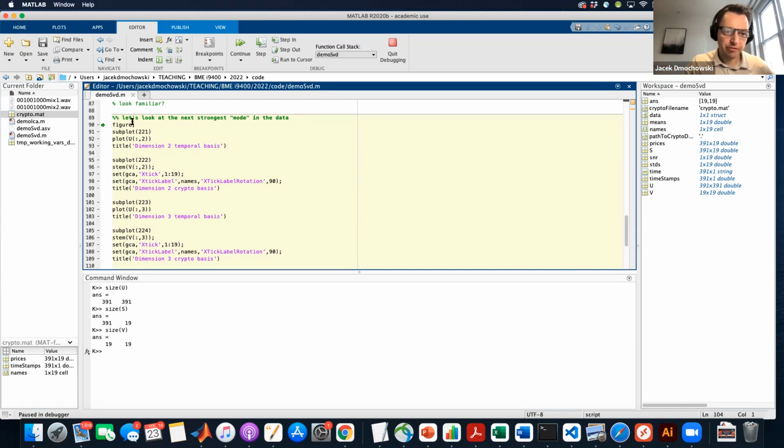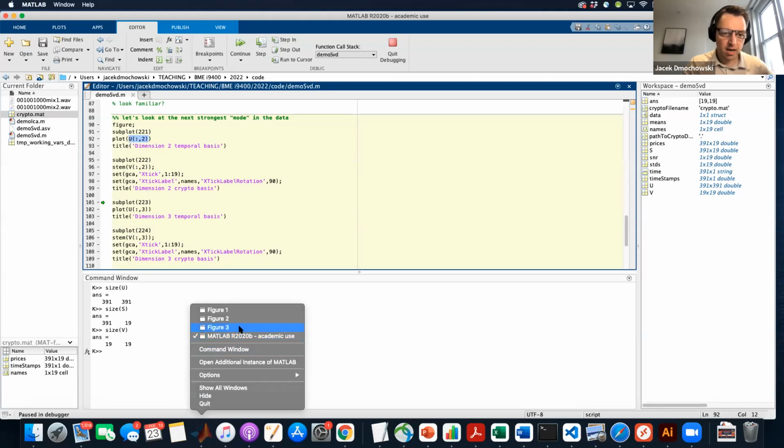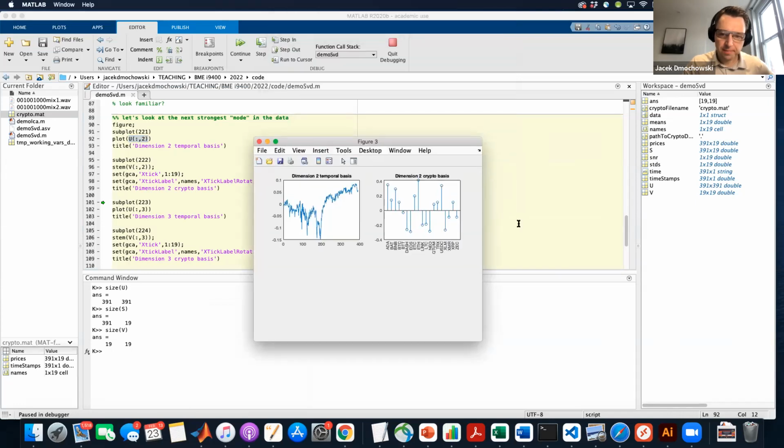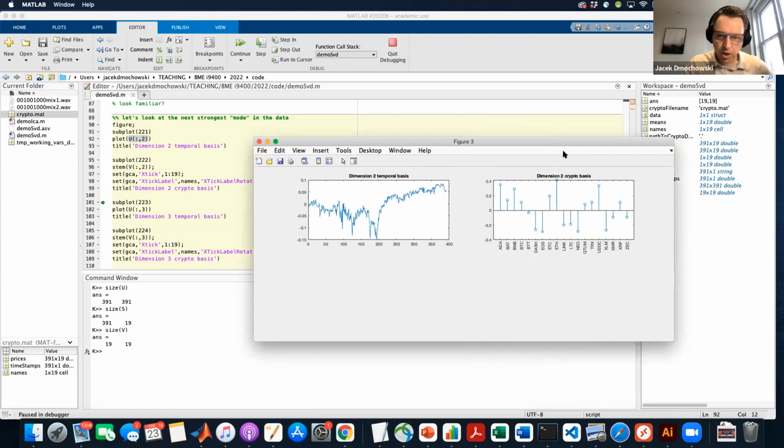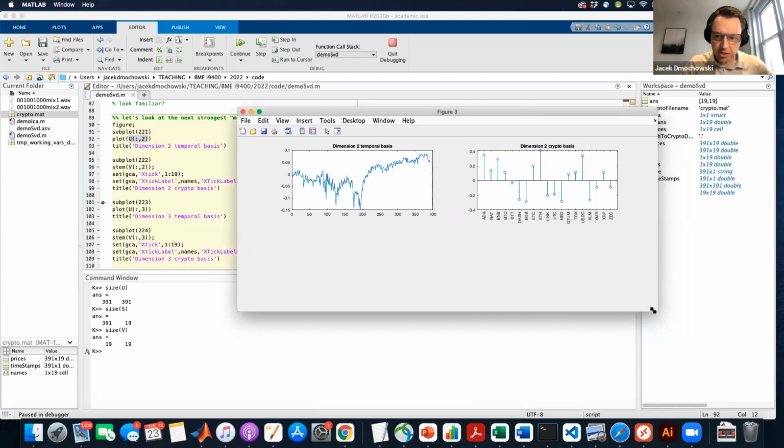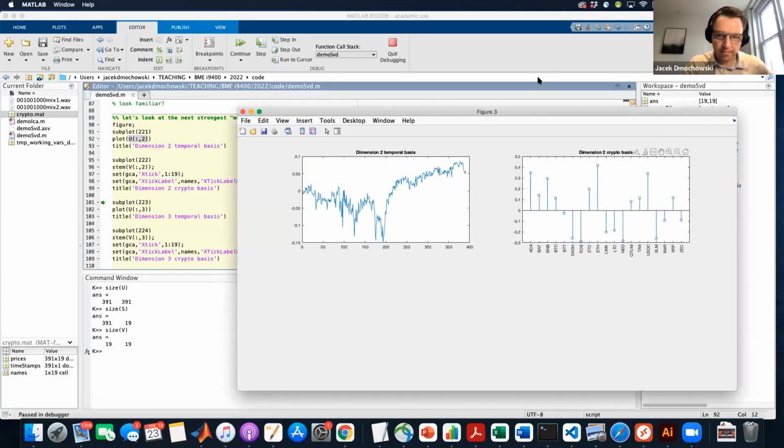So now we're going to create a new figure, and I'm going to step through the first 8 or 9 lines. What I'm plotting here is the second dimension of my data in both time and space. So this is where it starts to get interesting.